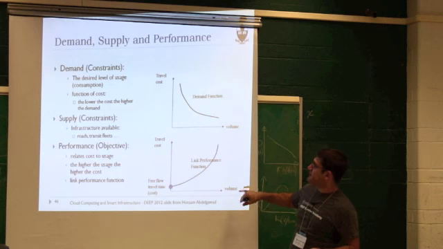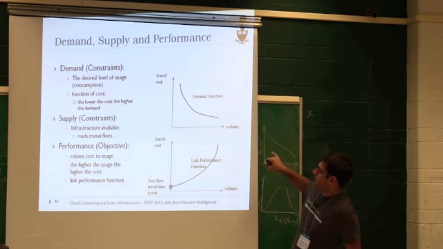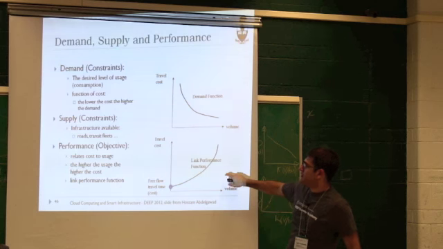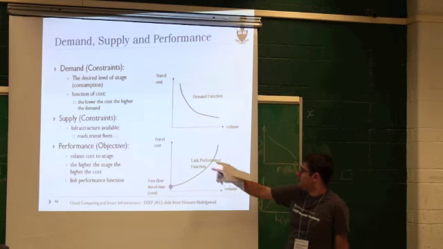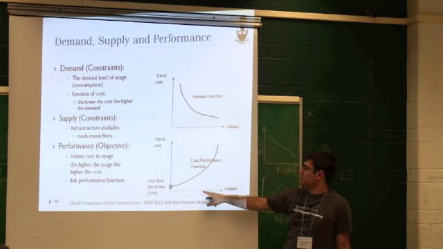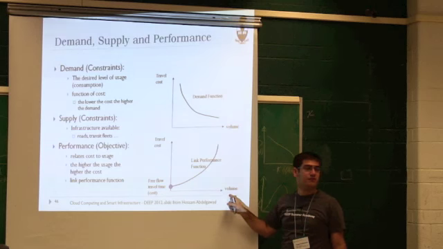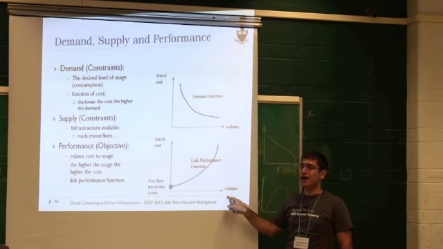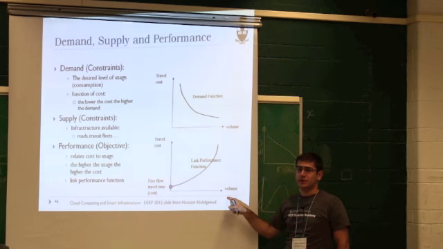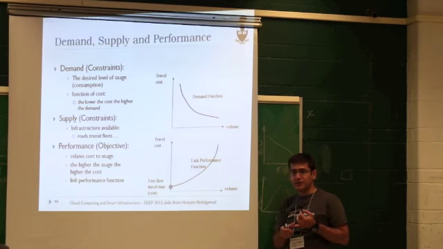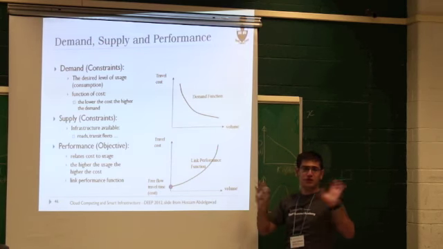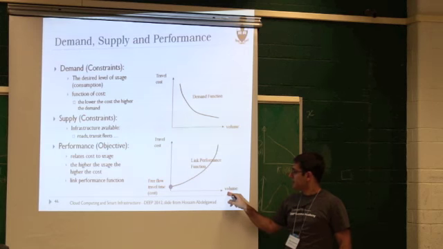Okay, in terms of supply, actually let me jump to this one. This is the free flow time. So this is the travel cost. When you increase the volume of a link, what happens? So this is the cost. Okay, this is the time that you're spending. Travel cost could be travel time. You can just think of it that way. This is the volume. This is the number of vehicles on the road.